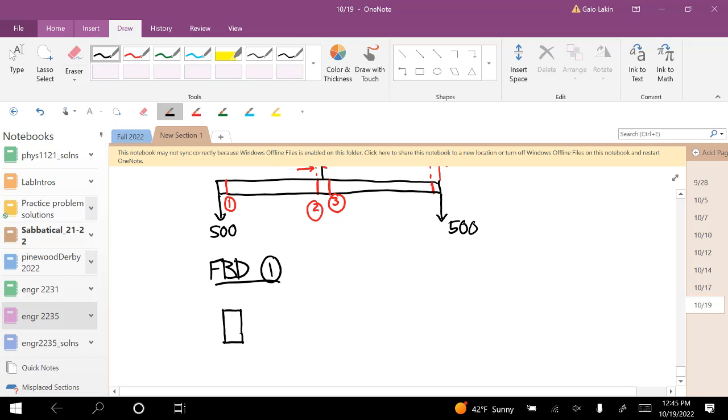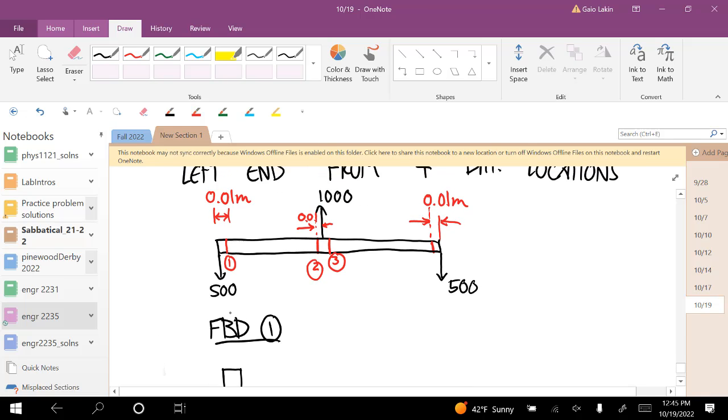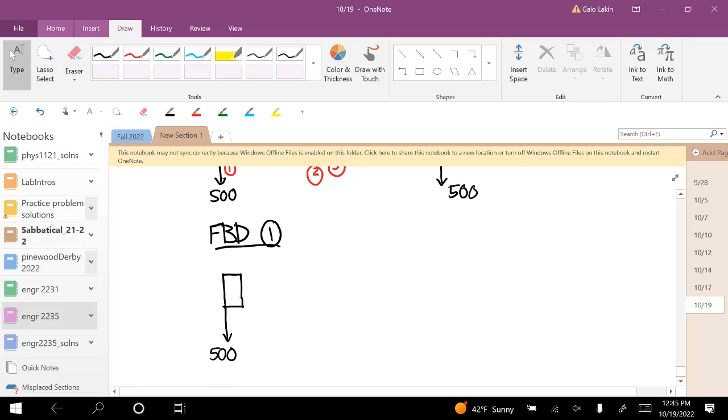It's just a little stub of a beam, and so what loads are acting? There's the 500. We haven't gotten anywhere close to this 1,000 Newton force. So now we just have the internal loads, T, V, and M.